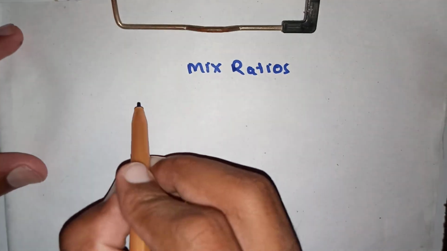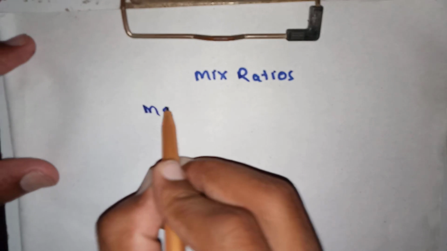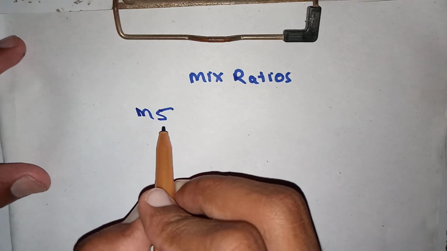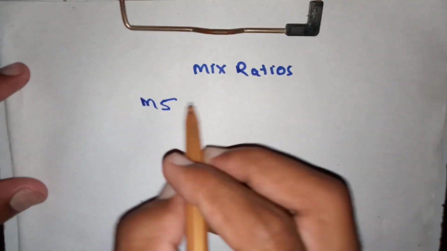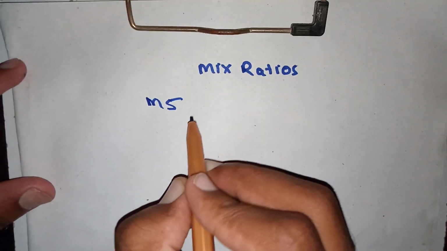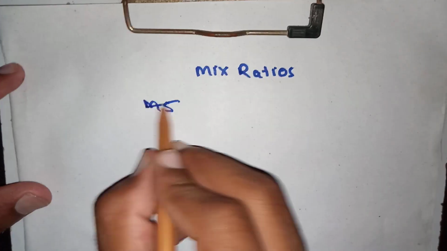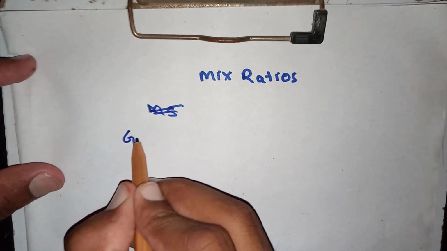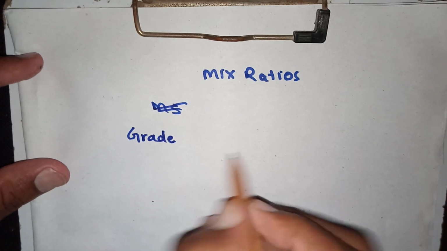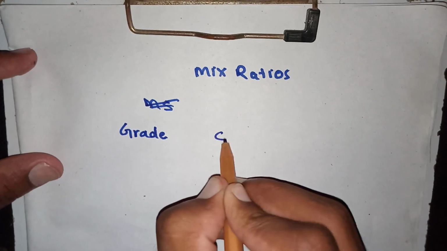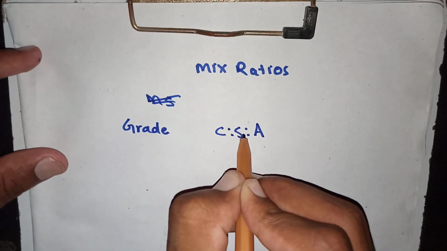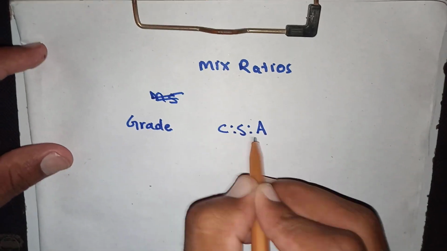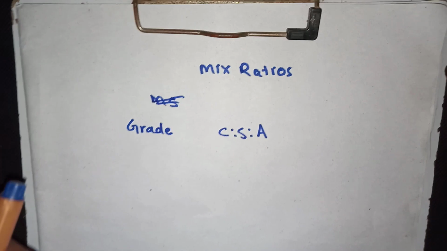How much cement is required for M5, and how much sand and how much aggregate? What are their ratios? So here I will write grade of concrete, and here C, S and A, which represent C for cement, S for sand, A for aggregate, their ratios.